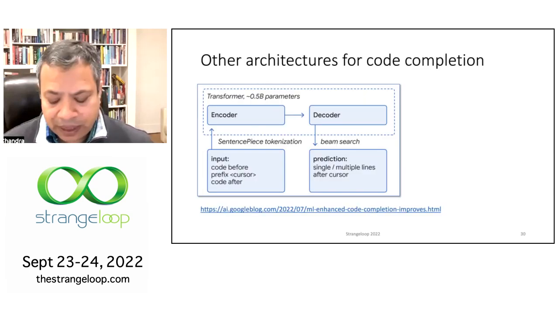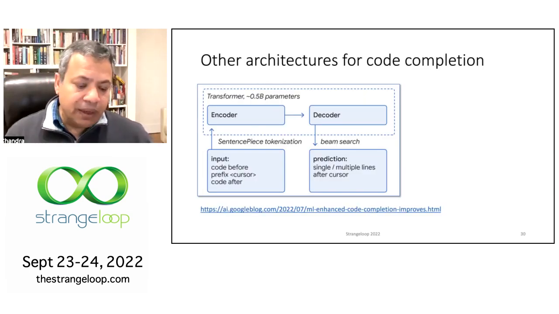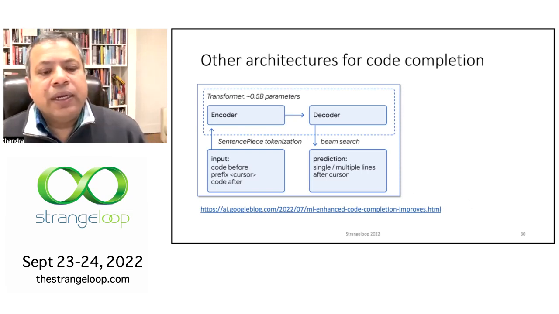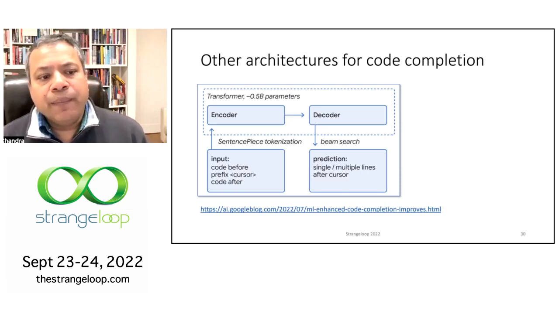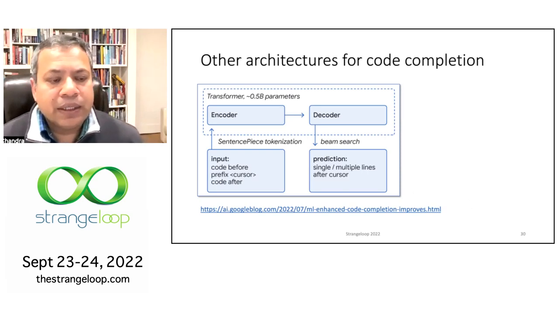I do want to say that this RNN type mechanism that I showed you for next token prediction, that's a pretty basic mechanism. More sophisticated architectures do exist.